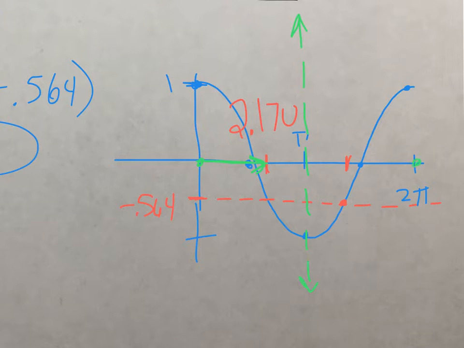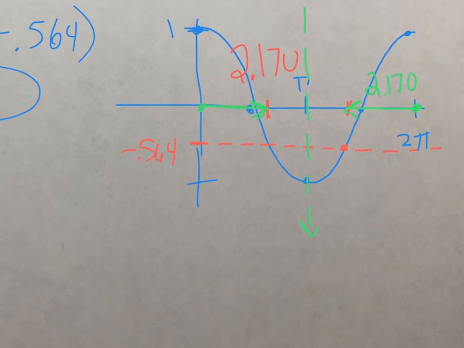And if I use symmetry, that means if I go to my end, I would have to come back that same distance because of the symmetry. Sorry, that did not turn out so good. Let's fix that. We'll have to come back 2.170 units for cosine.